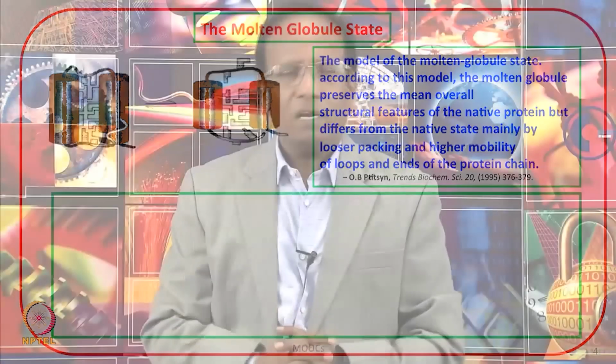Before we actually start discussing the thermodynamics of the molten globule state, it will be very important to first understand what the molten globule state is. Let us discuss a little bit more about this, and also what is the relevance of the molten globule state with the actual intermediate states which are observed in the protein folding pathways. Let us take a look at the comments.